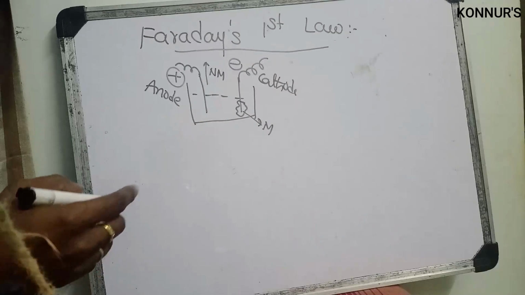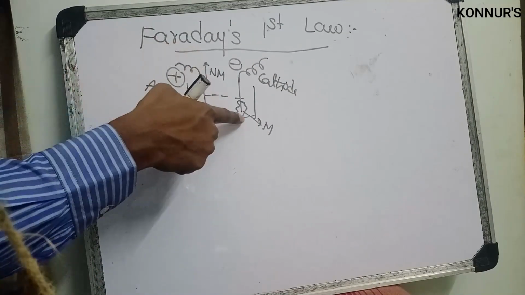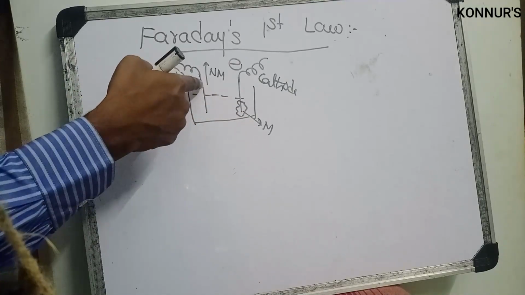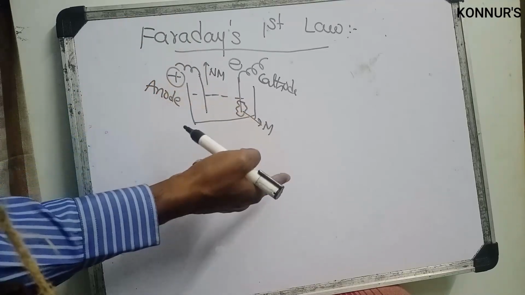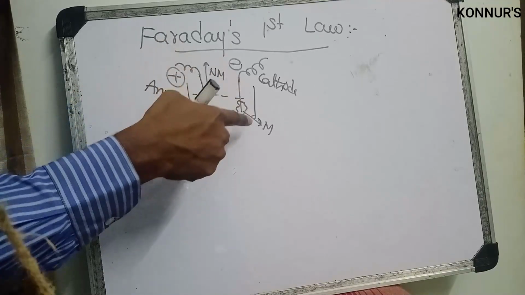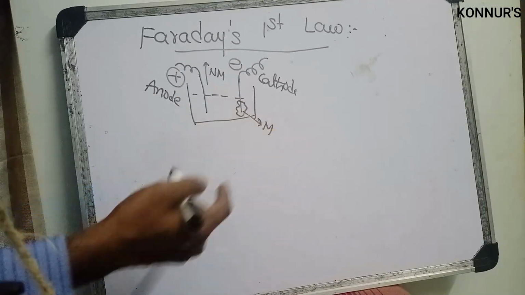See, suppose you are sending a less amount of current. So less only is liberated, less only is deposited. Suppose you are sending more current, more non-metal is liberated as gas or more metal is deposited. So that means the liberated or deposited amount is directly proportional to the sending current.